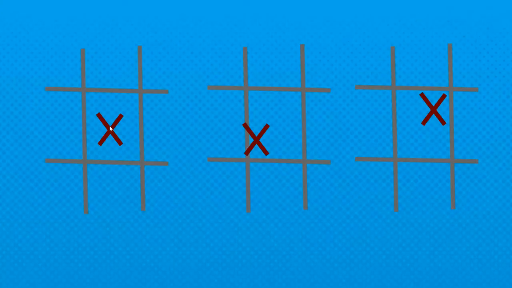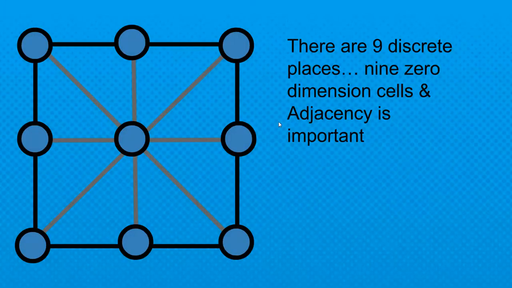Okay, so in tic-tac-toe, if I put an X there, if you think about it as a bounded area, it's like, okay, I can put an X anywhere in here, I can move it around. But the reality is these all mean the same thing, right? So it's really not a bounded area if you think about it. The reality is it's like 9 discrete spaces, like a spot here where I can't move around.